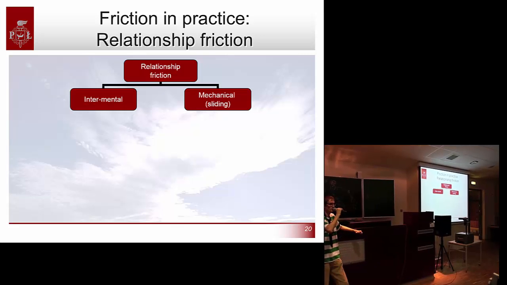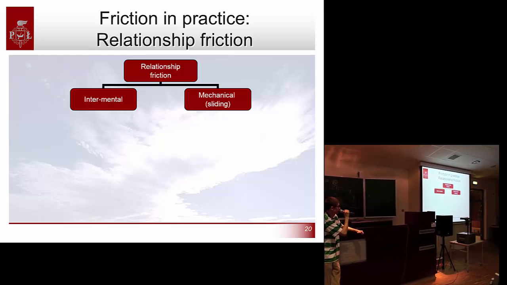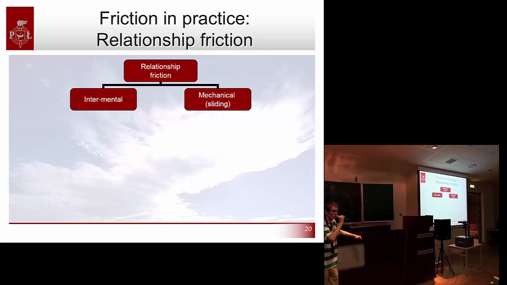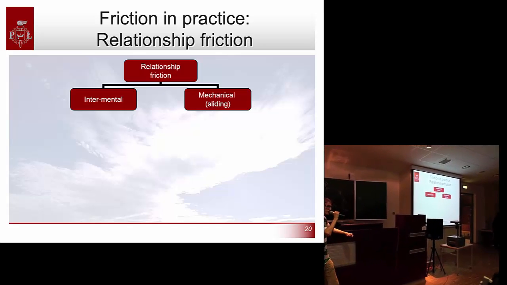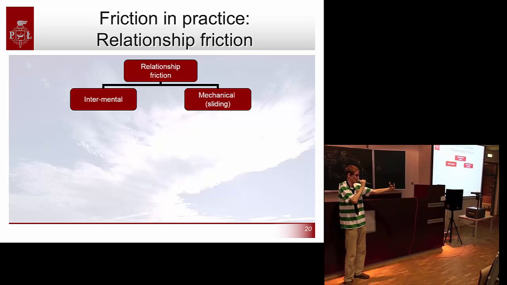So, another very important practical part of friction is relationship friction. The first type of relationship friction is intermental relationship friction. This is a friction between a boy and a girl.